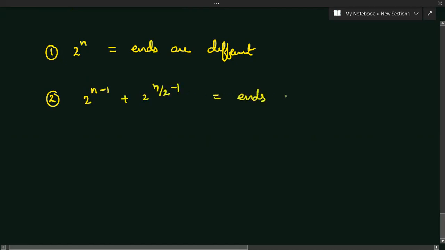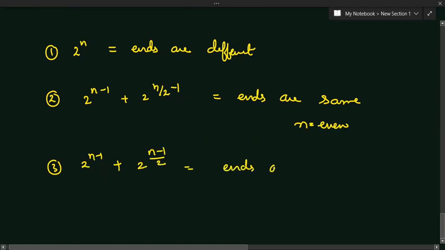The third, 2 power n minus 1 plus 2 power n minus 1 by 2, when ends are same and n is odd number. So in this way, you can calculate the number of geometrical isomers for a given compound by using these formulas.